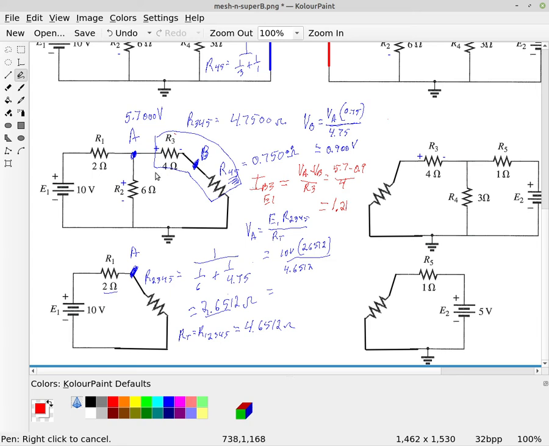All right, but remember that this current, 1.2 amperes, is flowing from left to right.